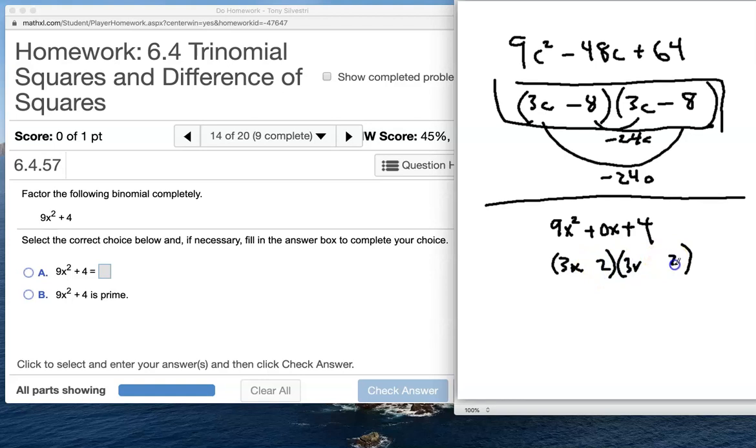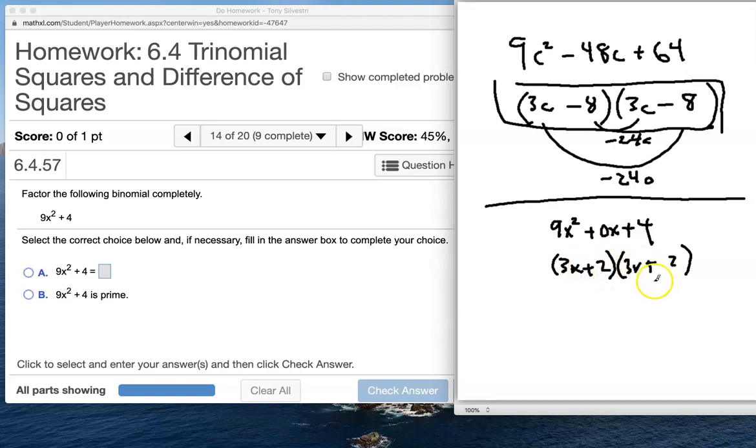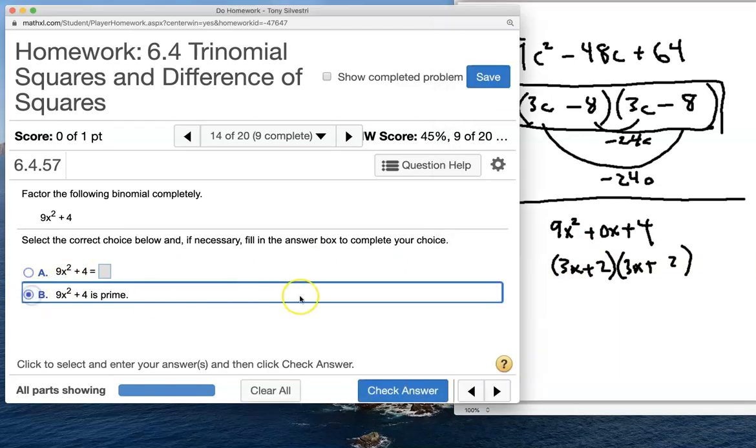It's 4 times 2. I can't say plus and minus, because a plus and a minus would give me a negative 4. I can't say 2 pluses, because that would generate 6x and another 6x, and that would be 12x. There's no way to factor that, no matter what you do. So when there's a plus in there, you can't do the problem. It's prime. You can't factor it.